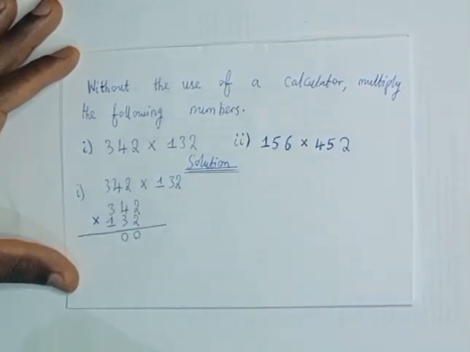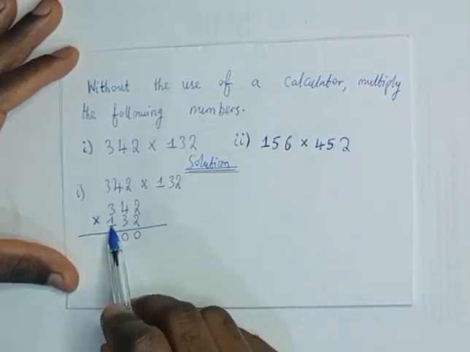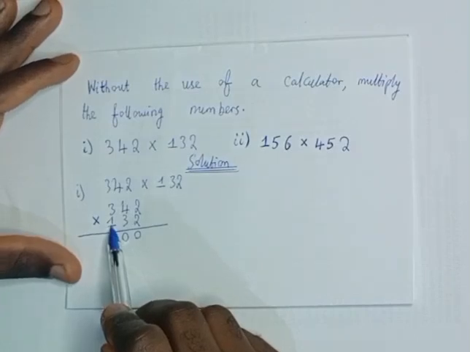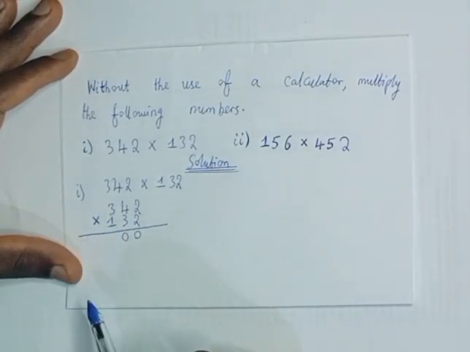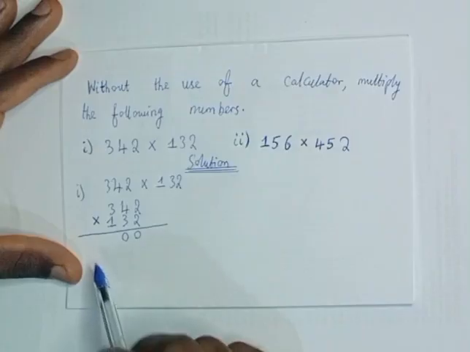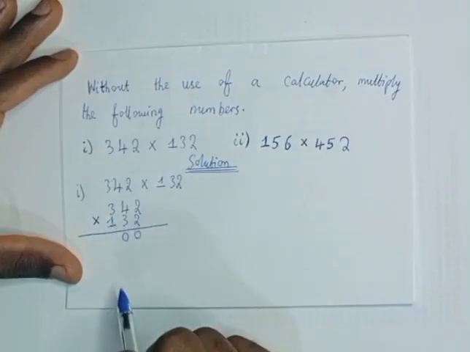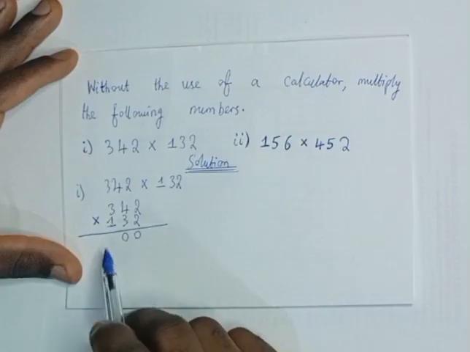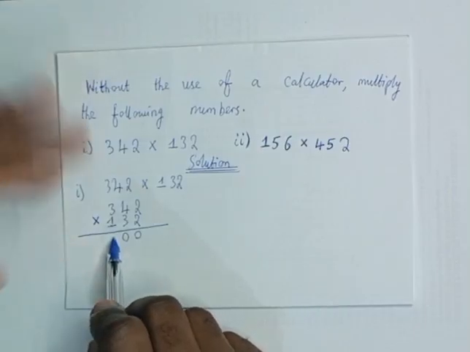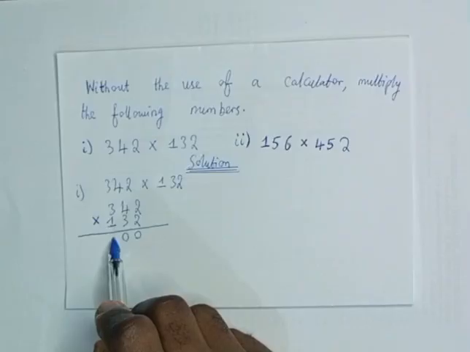Next, we proceed with the multiplication. We are going to take the digit 1. We multiply all the digits in the number which is above the first number. 1 times 2 gives us 2. We are going to write the result moving to the left hand side.